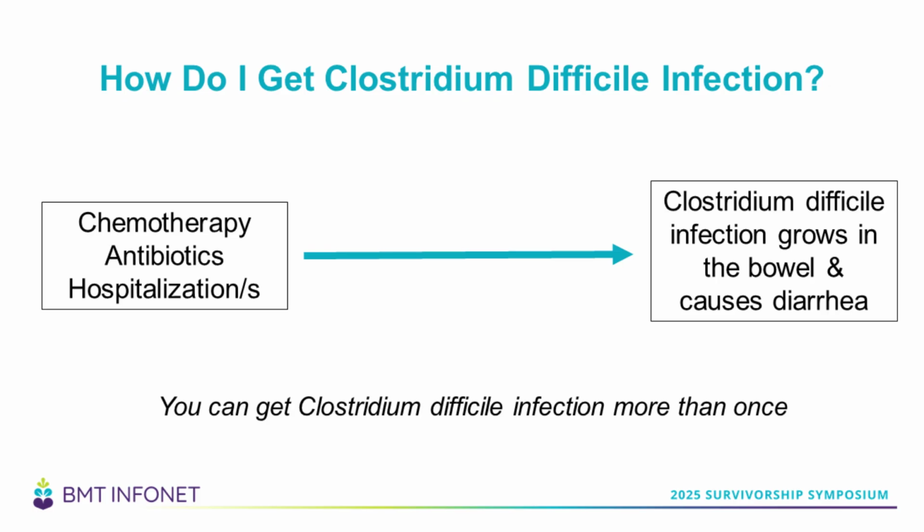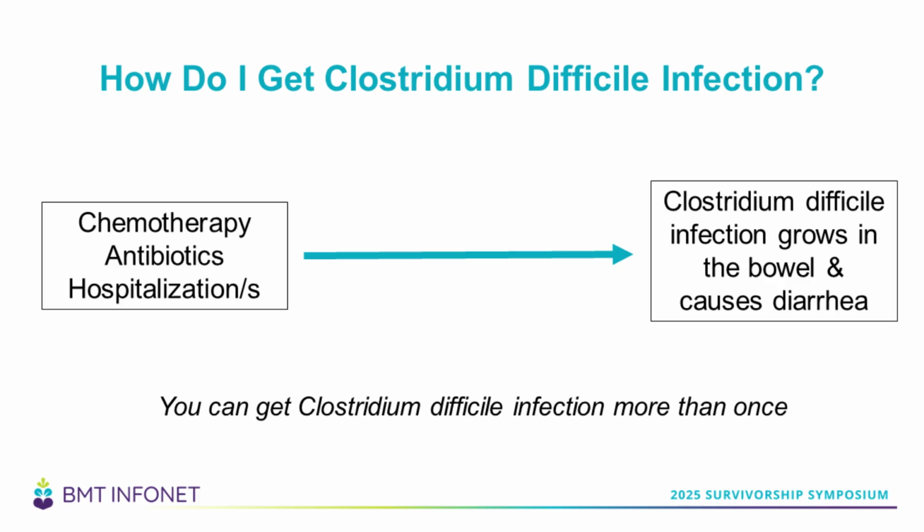So if any of you listening have actually been diagnosed with Clostridium difficile infection, you might have asked, how did I get this? And we really think there are several factors that contribute to a patient being susceptible to this infection.